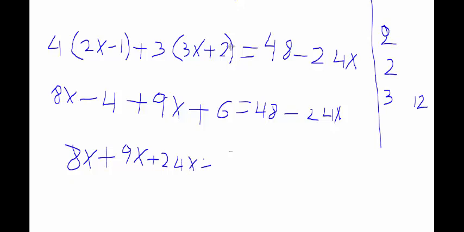And that will be equal to 48 over here. 6 will have to come over here, so it has to pay the ticket and become -6, and 4 is going to also come over here, and in order to pay the ticket it will go from -4 to +4.